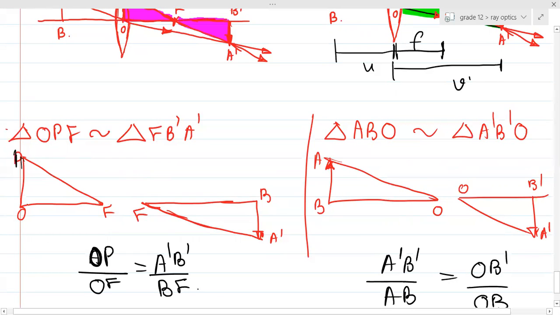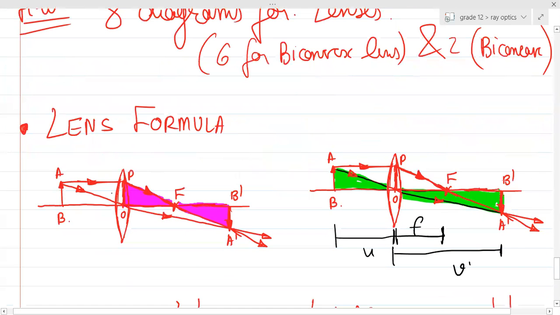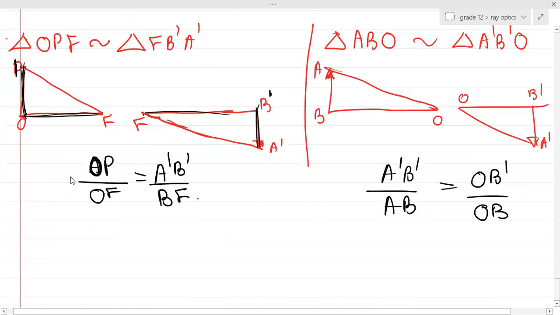From this similarity, from this triangle, OP upon A dash B dash is equal to OF upon FB dash. Can I say this? If I can say this, clearly see in the diagram, guys, OP and AB are equal to each other because this line AP is parallel to the principal axis. So here I can say AB and OP are equal, so I can replace.